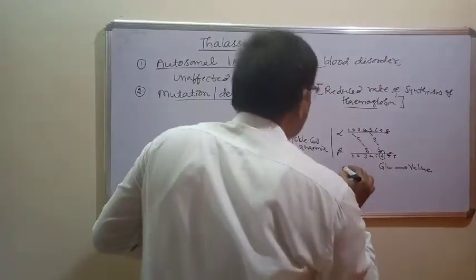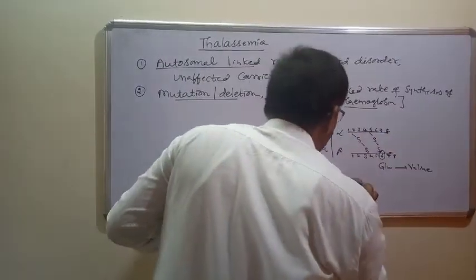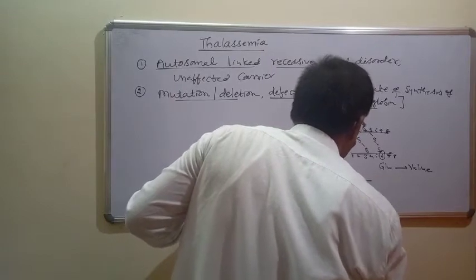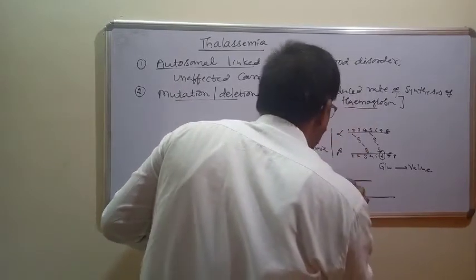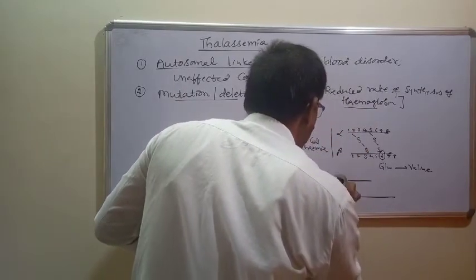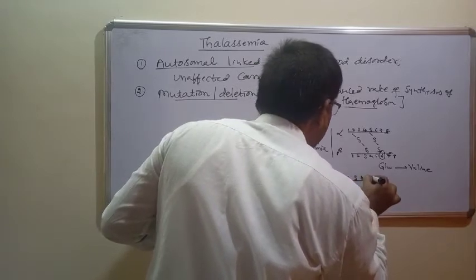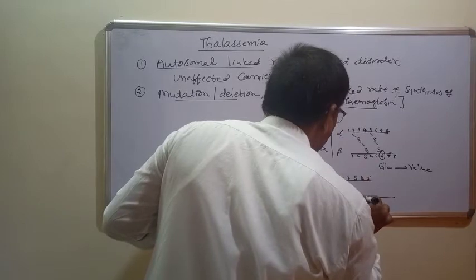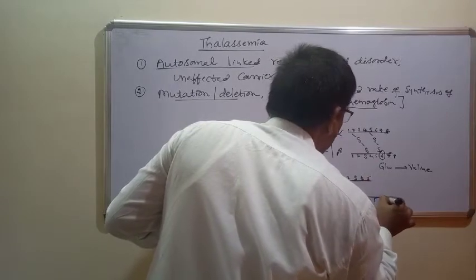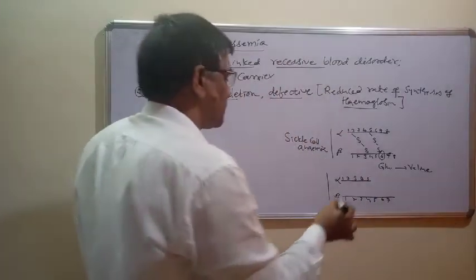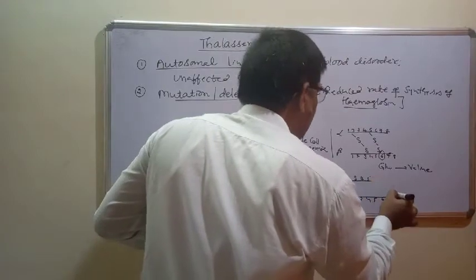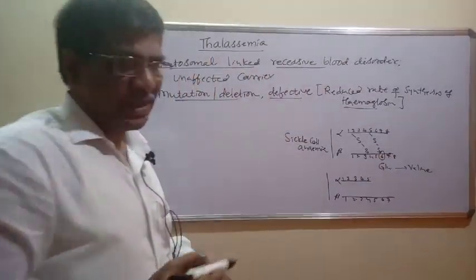But if you think of thalassemia, you can compare. So now this is thalassemia. Here this is the alpha chain and this is the beta chain. Observe the length of the globin chains: this alpha chain is smaller than this beta chain.